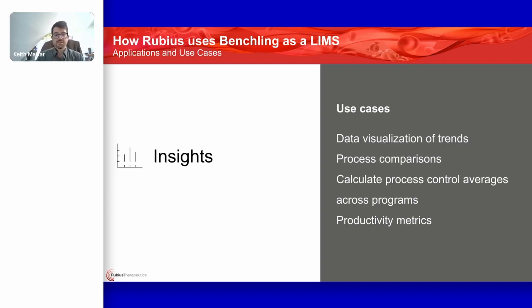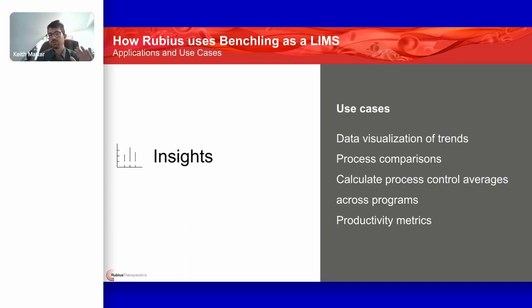So Insights is Benchling's built-in visualization tool, and we use that to rapidly visualize data from pretty much all of Benchling's internal applications. An example would be comparing small-scale process development experiments versus manufacturing scale runs. Another example is calculating process averages across multiple different, maybe hundreds of different experiments in the notebook.